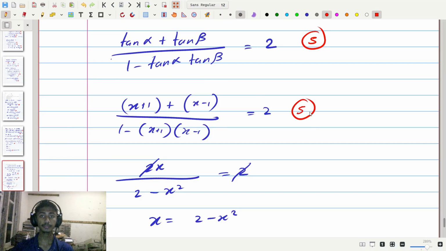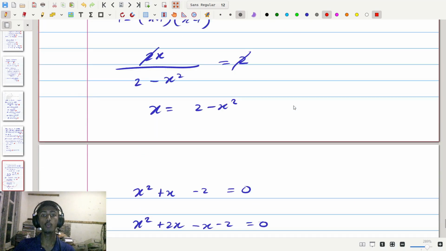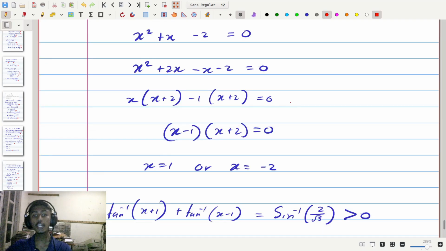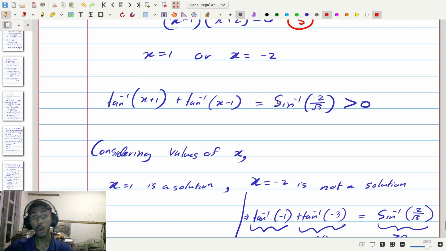Now after this point, when you go down, simplify everything and get the equation x minus 1 times x plus 2 equals 0, you get 5 marks for that. When you say the two solutions are x equals 1 or x equals negative 2, you get 5 marks.